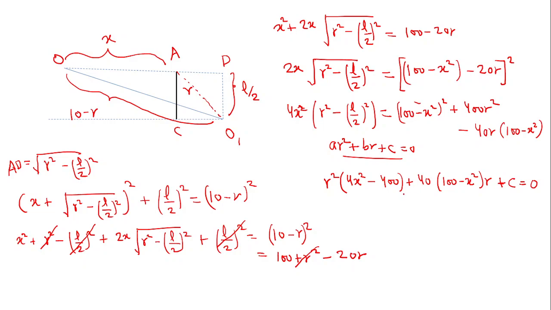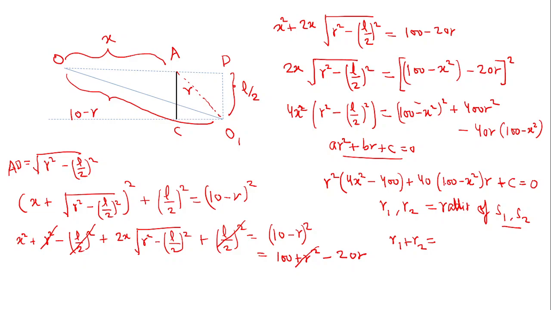Now it is very easy. Let its roots be R1 and R2. As we told, these are the radii of S1 and S2, so you need to find their sum. That means R1 plus R2 is simply the sum of the roots of this equation, which is minus b upon a.